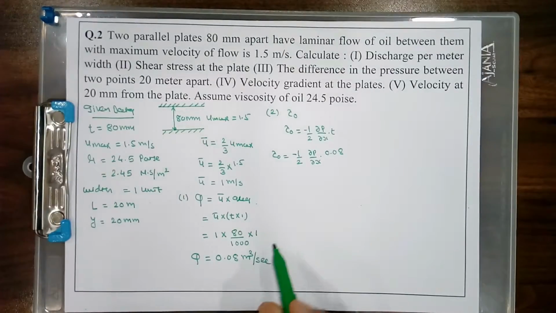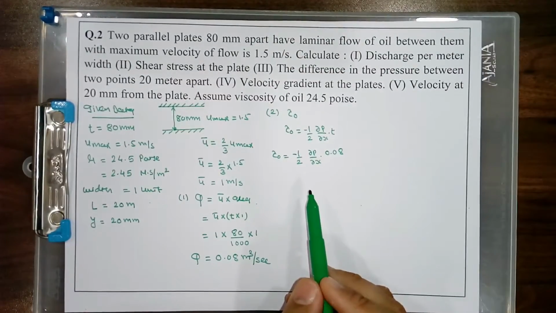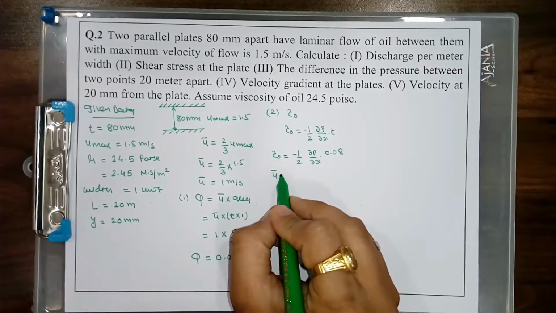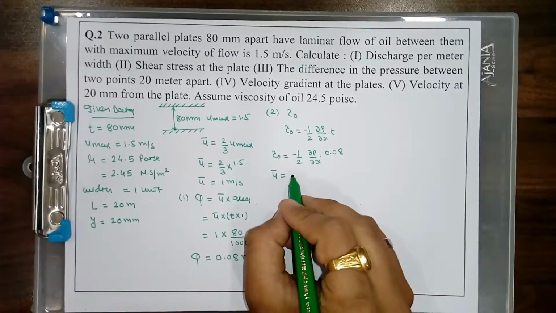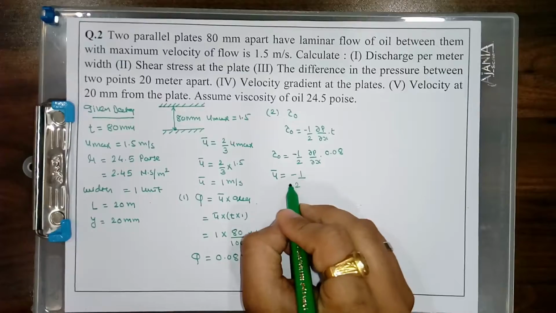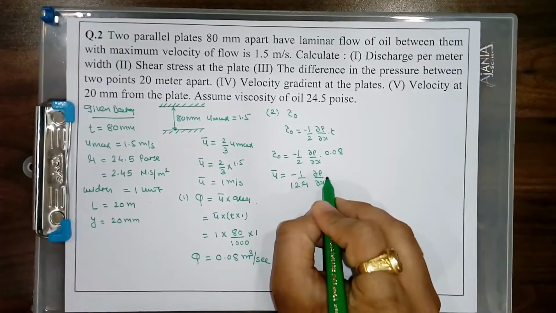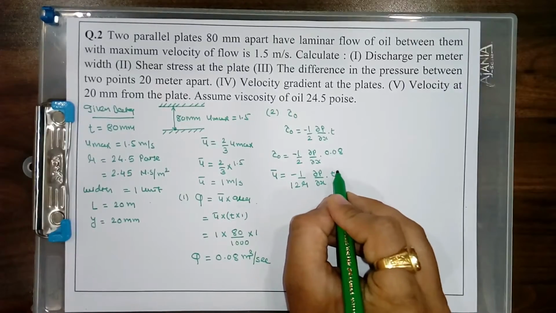Now students, the value of del p by del x is unknown to us, so we apply the formula of u average, that is equal to minus 1 by 12 mu del p by del x into t square.